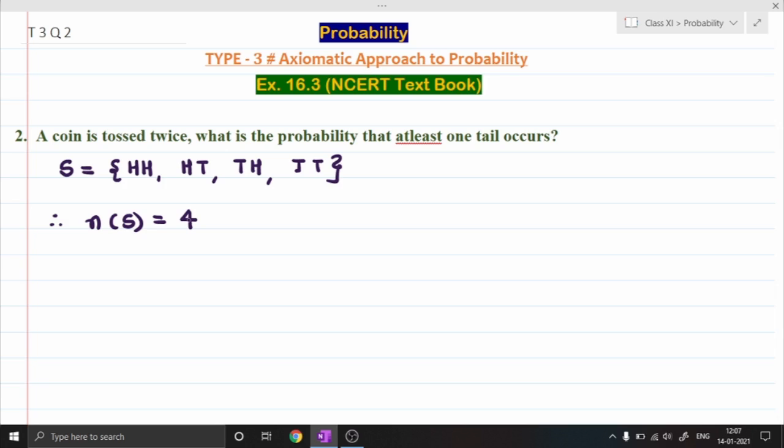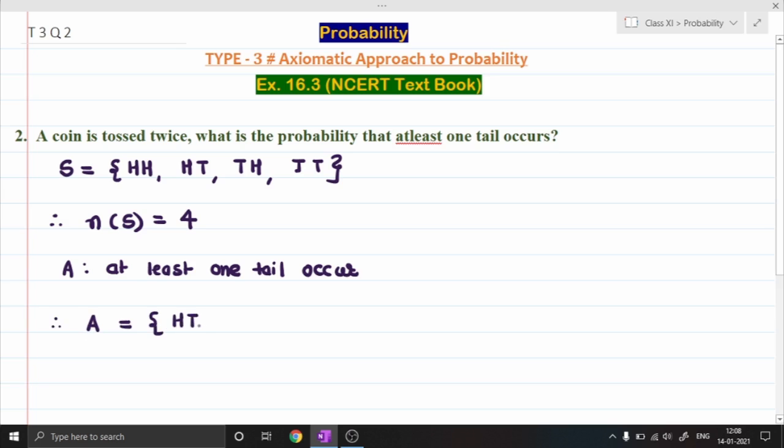What is the probability that at least one tail occurs? So here we shall define one event A, that at least one tail occurs, meaning the number of tails should be one or more than one. Maximum how many tails can come? Maximum it can be 2. So we shall take the elements in set A such that it has either one tail or 2 tails.